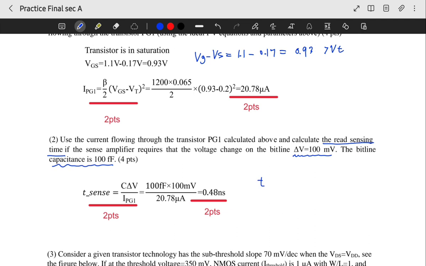The equation you should use is T equals C times delta V over I. If you plug in the 100 femtofarad and 100 microvolt and the current we already calculated in the first question, 20.78 microamp, then you will get the value 0.48 nanosecond.